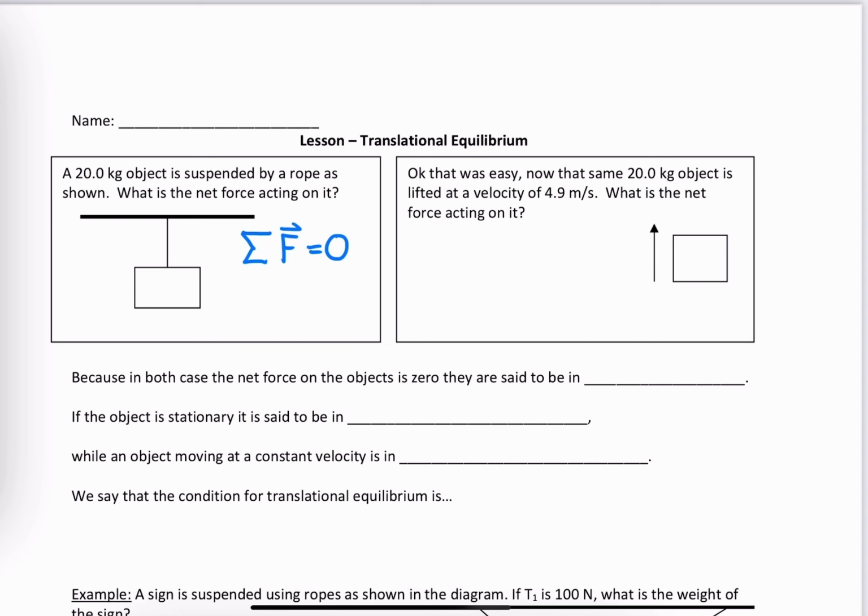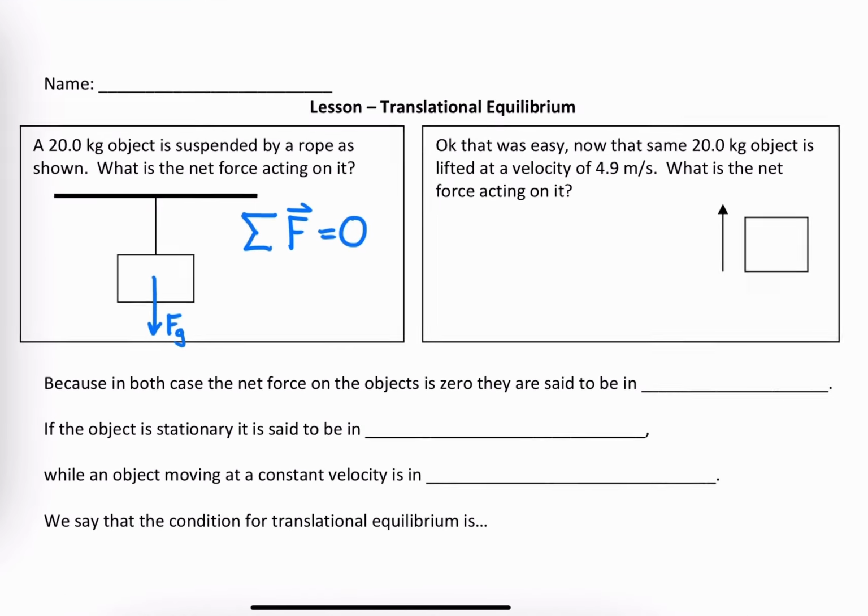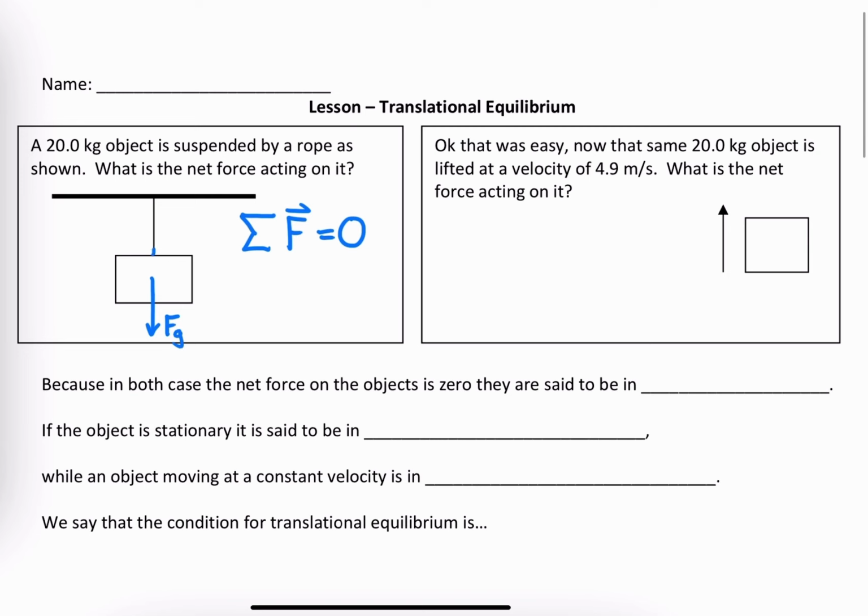Now we can look at what the actual forces are. I've got a gravitational force acting down, and I'm going to have a tension force acting up. And I should make sure that I've drawn these the same length, right?